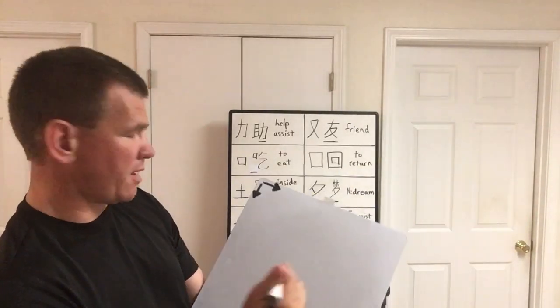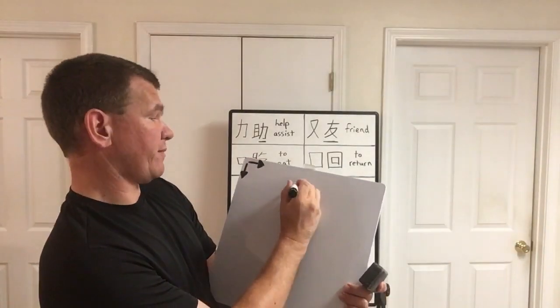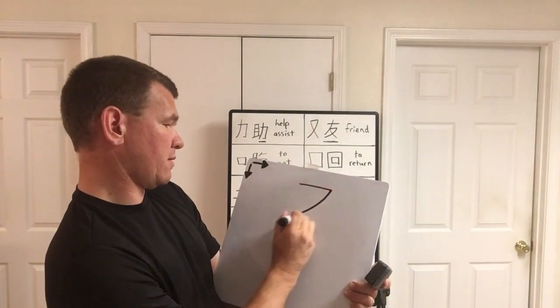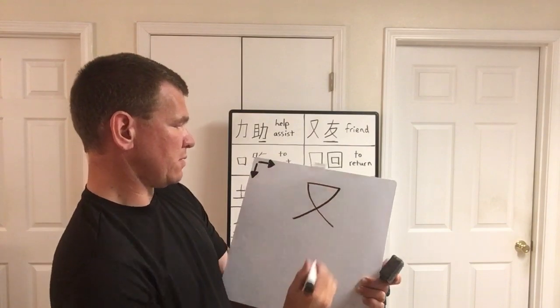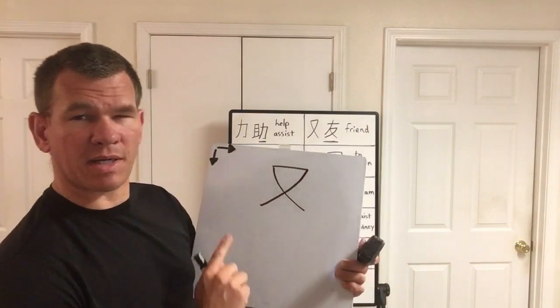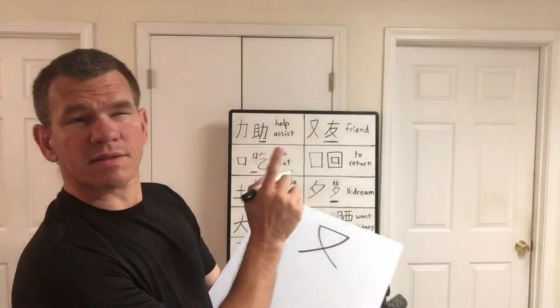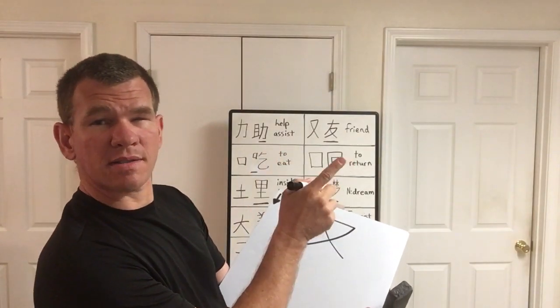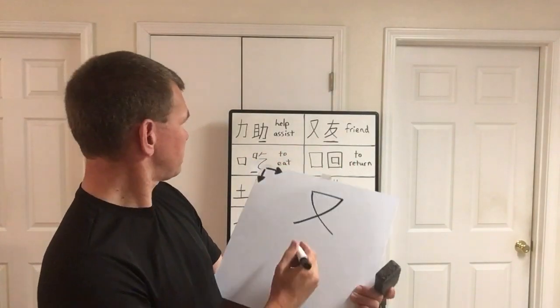Alright, second character means again by itself. 1, 2. That's what it looks like by itself. Now the one on the right is friend or friendship.